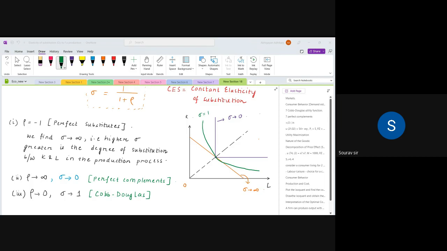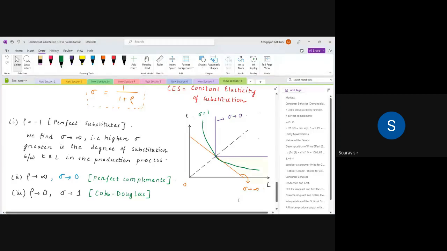So those will be lying in between these two. Okay. So the idea is that the more spread out or more open the isoquants of the production function are, the greater is the level of capital-labor substitutability of the production function, or the more concentrated they are, the lesser it is. Okay, so this is the idea.